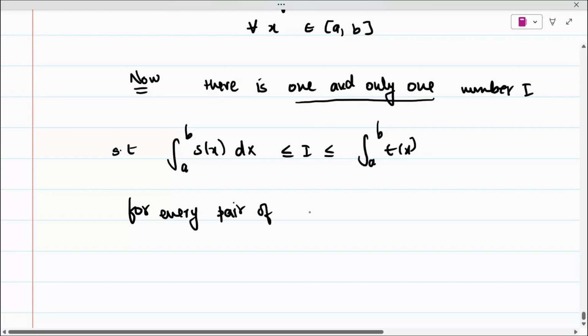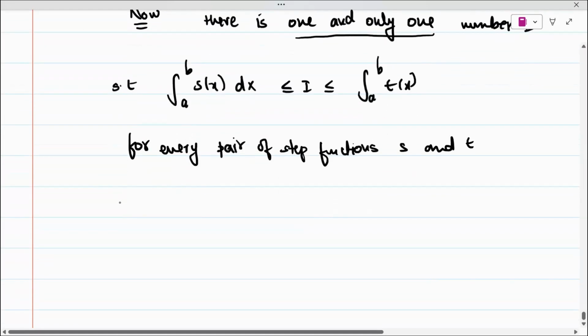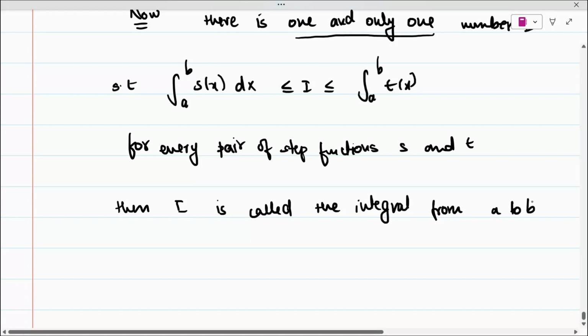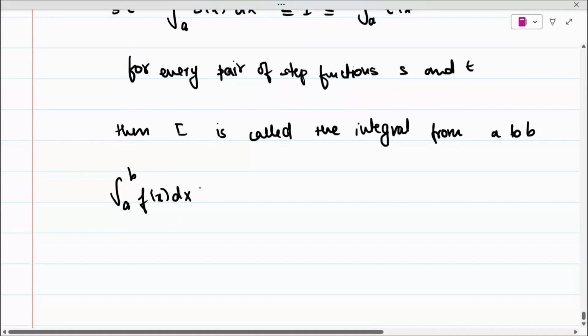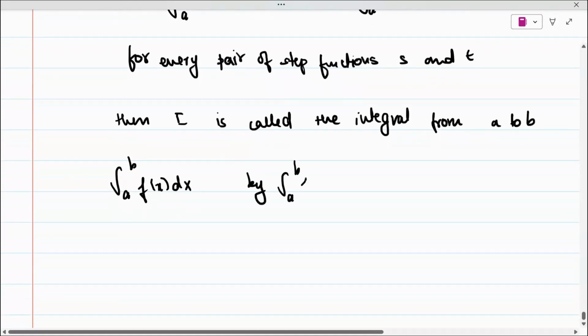That means in that space, every step function you take, no matter what you come up with, s and t, the lower and higher step functions, then I call that number the integral from a to b, and it is denoted and defined by this.